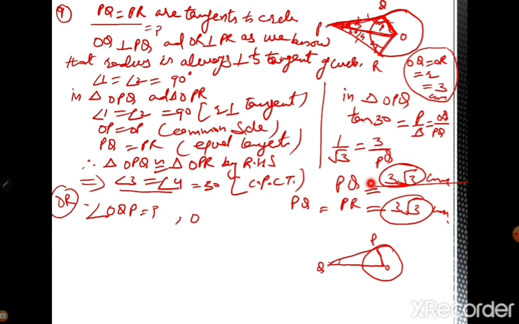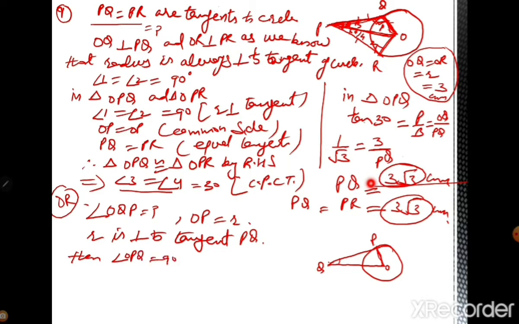Here we'll write OP is equals to radius, and we know that radius is perpendicular to tangent. Radius is always perpendicular to tangent PQ drawn from an external point at any point of the circle. So if this radius is perpendicular to PQ, then we can say that angle OPQ is 90 degree.